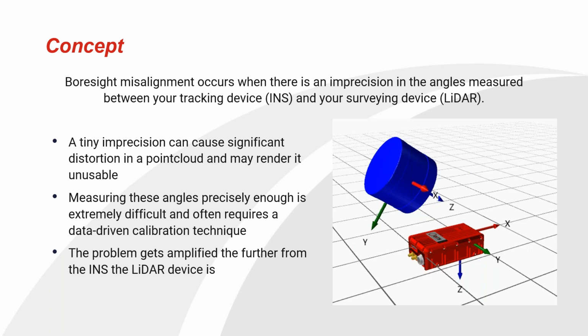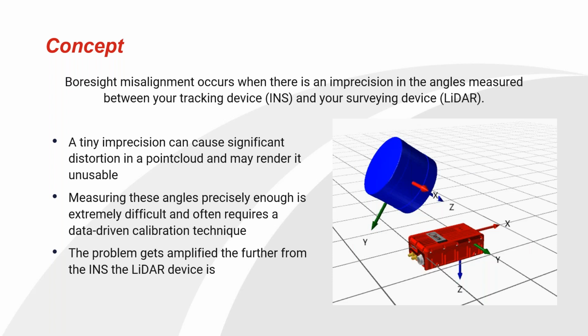When you don't know those angles super precisely, you can get a distortion in your point cloud. When I say super precise, we will have some examples later on, and you'll see that it needs to be about 0.1 degrees for the best precision.